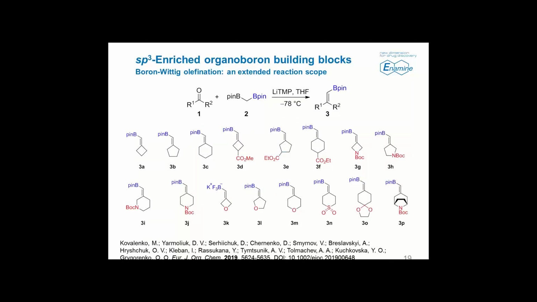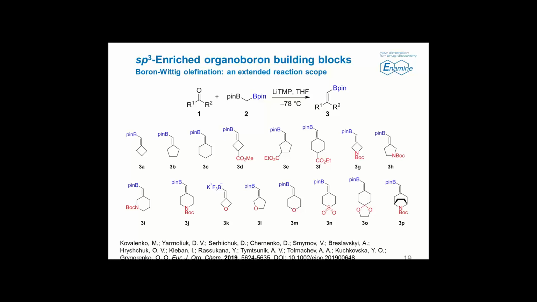One of the first publications in this area is related to the boron-Wittig reaction. This reaction was of course known in the literature. It was described 5 or even 10 years ago, I can't recall the precise year. But it was described mostly for aromatic derivatives, mostly for aldehydes.